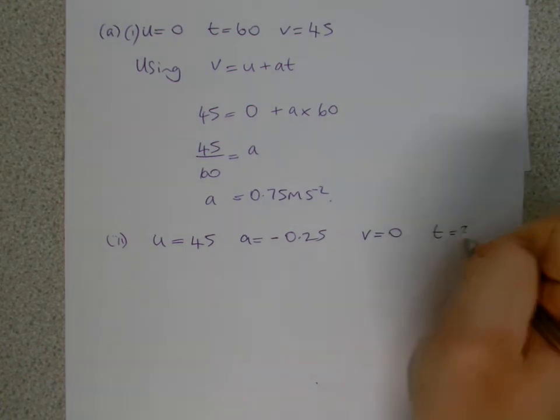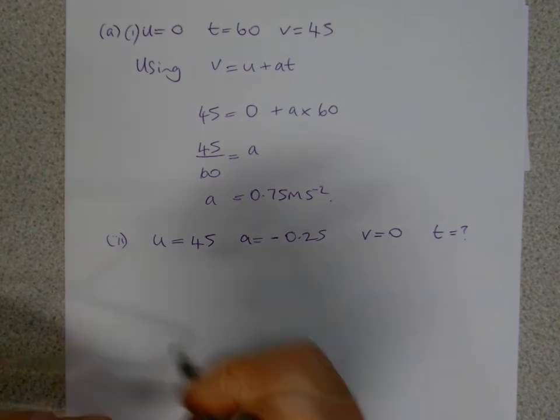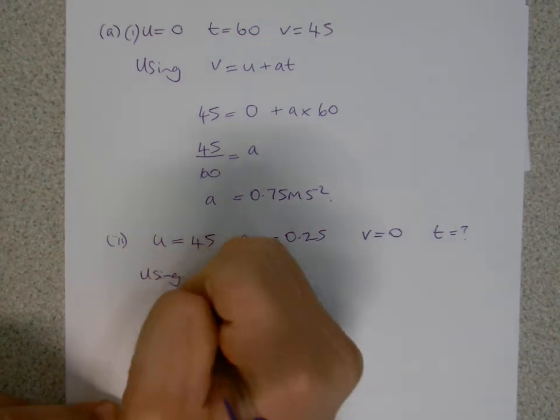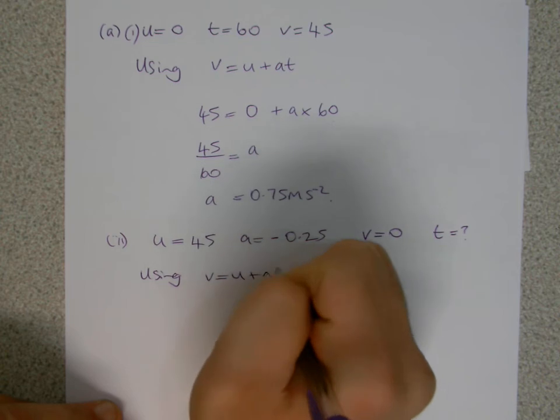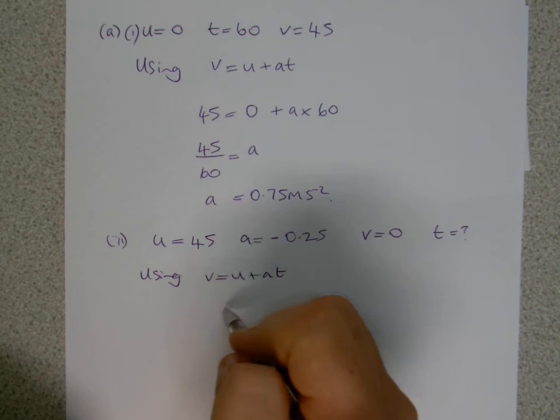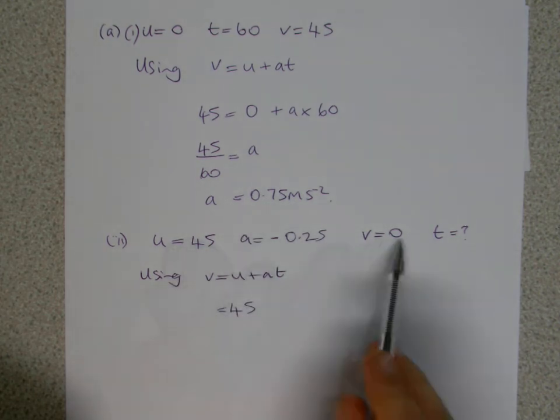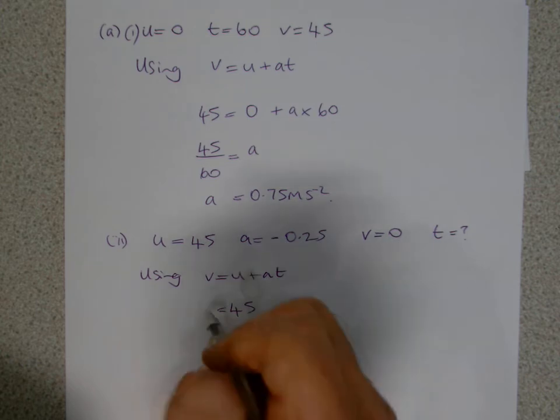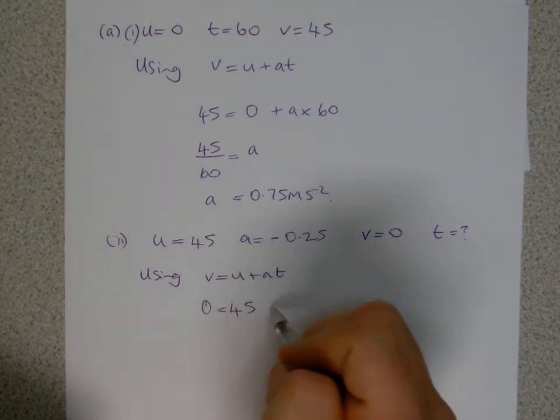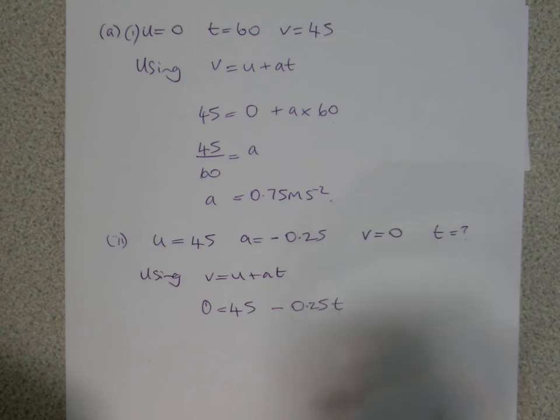Now you've got a similar situation set up as before. We can use v equals u plus at for this final phase where it's slowing down. When it starts to slow down, don't forget the initial velocity, it was going at 45 meters per second. It slows to a final velocity when it reaches the station of 0, plus a, and a in this case is negative 0.25, times the time which we want to work out.